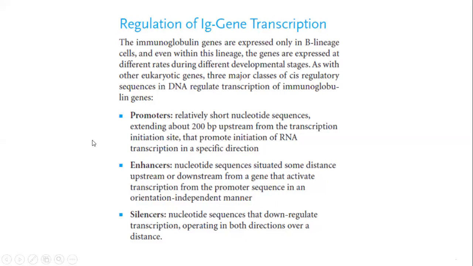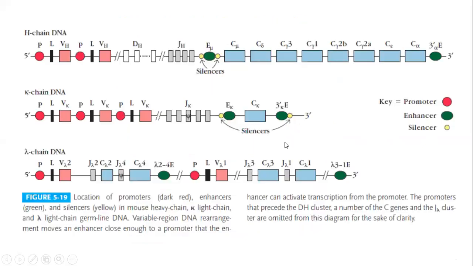Wherever there is a silencer associated with the promoter, transcription of those VDJ segments is off. Wherever the promoter is associated with the enhancer, specific fragments are transcribed into the same mRNA multiple times, so multiple amounts of the same VDJ fragments are formed.